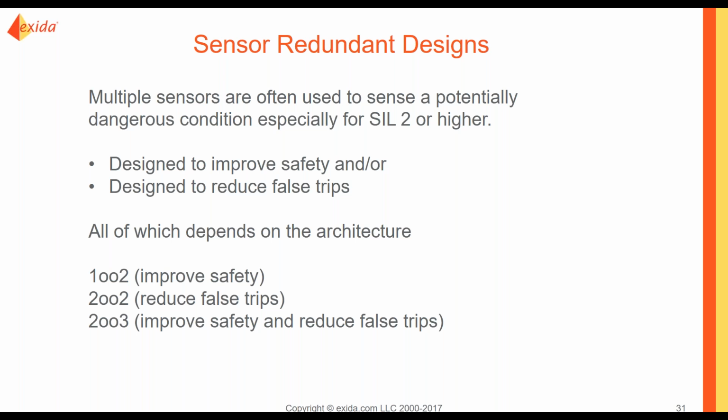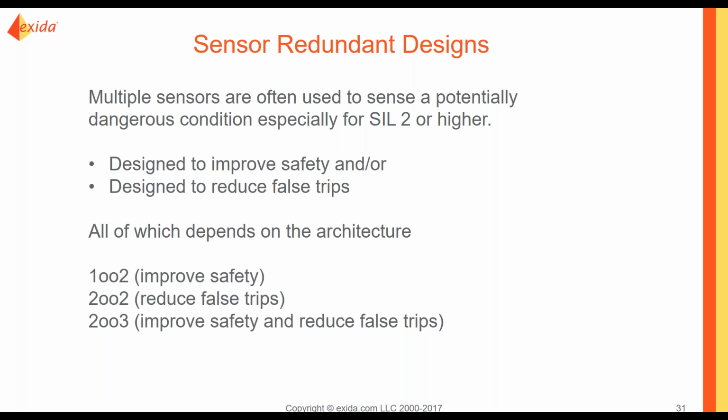Multiple sensors are often used to sense a potentially dangerous condition, especially for a SIL 2 or higher application. These redundant designs may be intended to improve safety using a 1 out of 2 voting for 2 sensors in the logic solver.